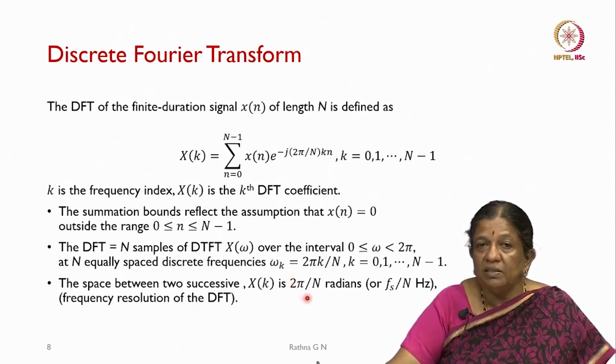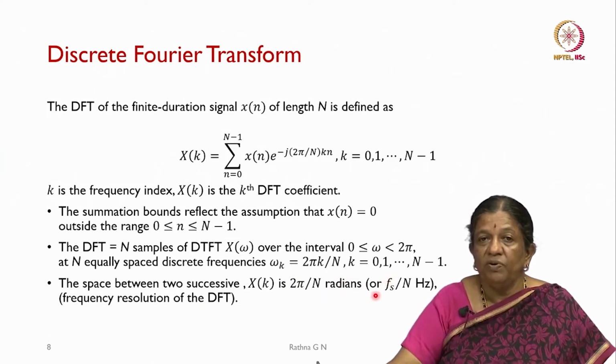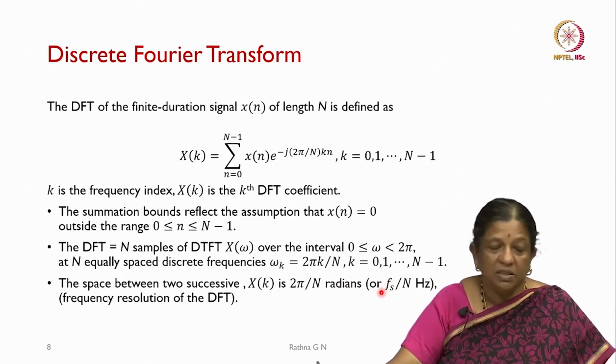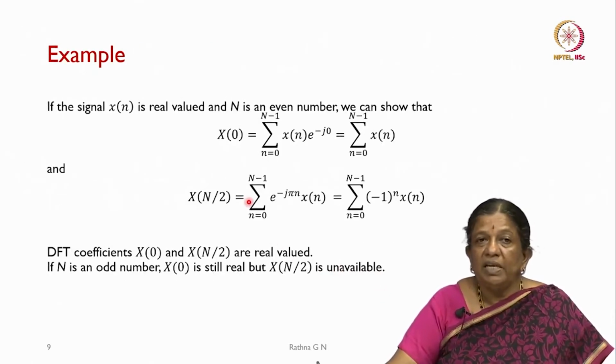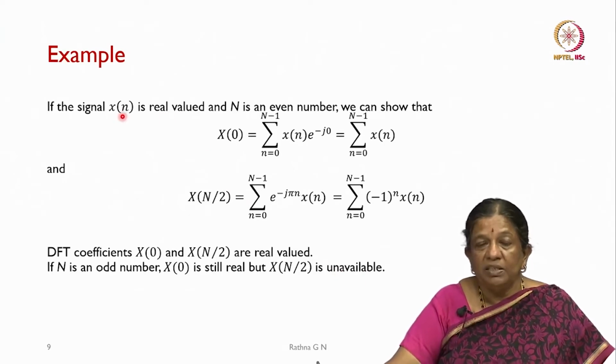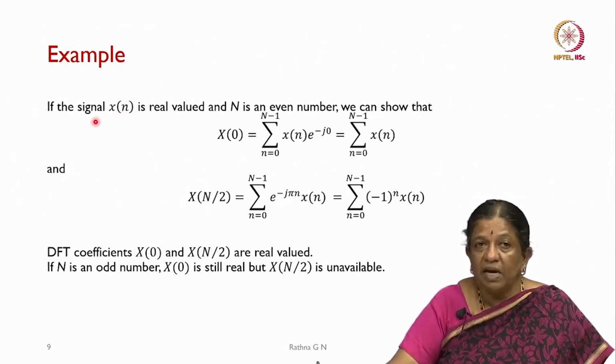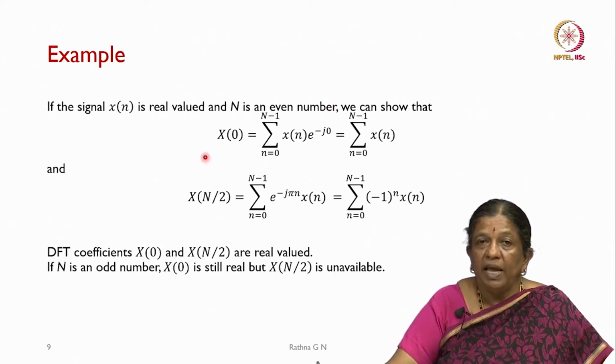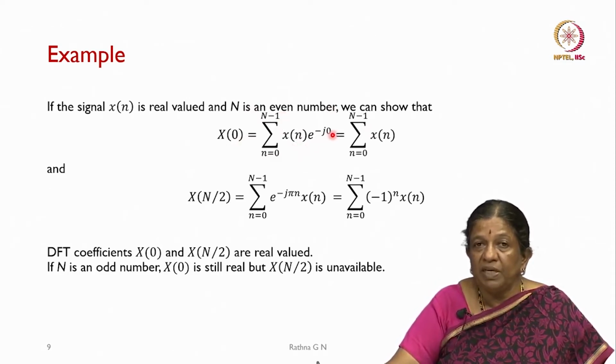The unit for this is radians, and if we represent it in terms of sampling frequency, it is going to be Fs by N hertz. As an example, if the signal x of n is real valued and N is an even number, we can show that X of 0, if we substitute, is the sum over n equal to 0 to N minus 1 of x of n into e power minus j 0, which is nothing but the sum of x of n.